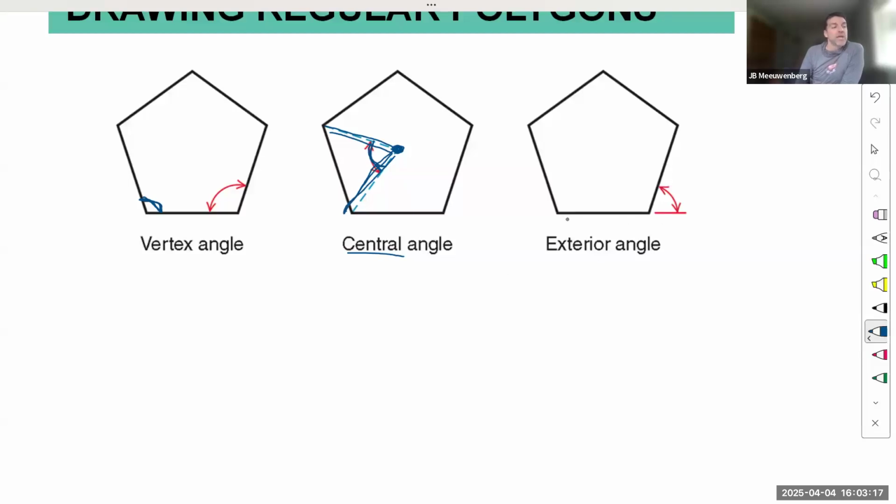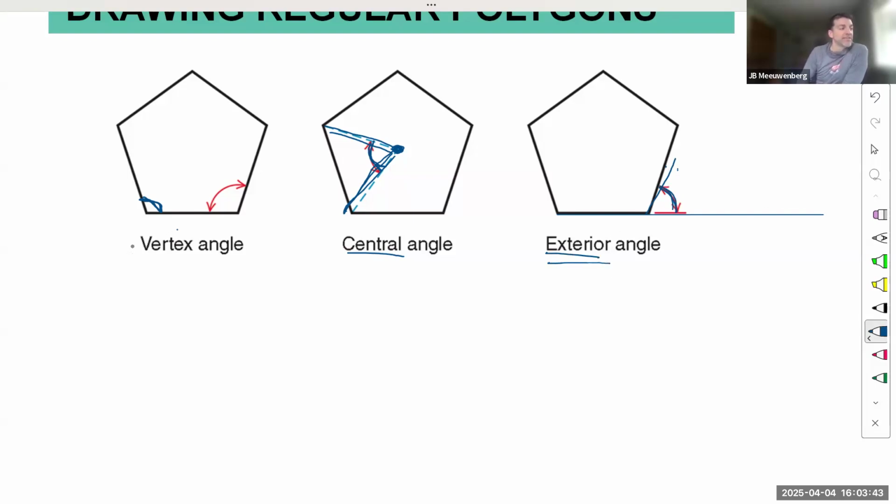And then finally, if we imagine extending one of the sides, and we look at the angle between the adjacent side and that extension, that's going to be the exterior angle.